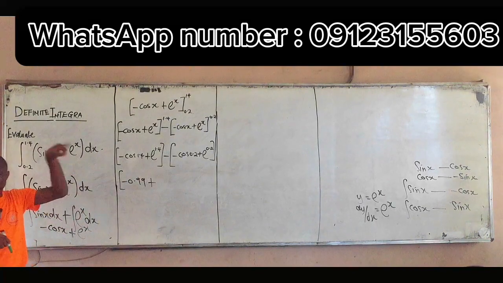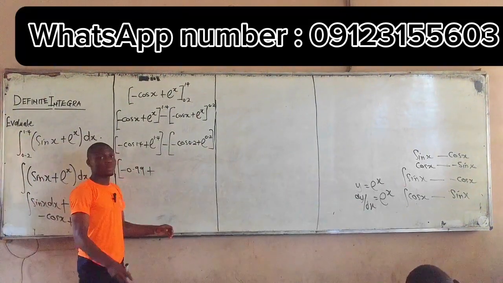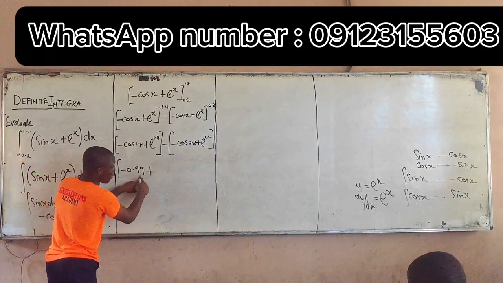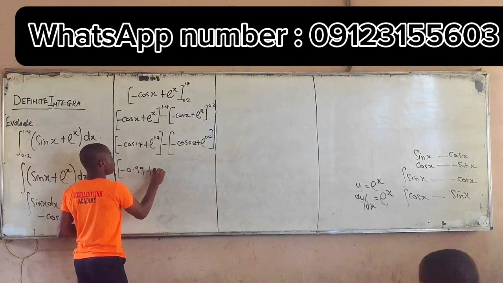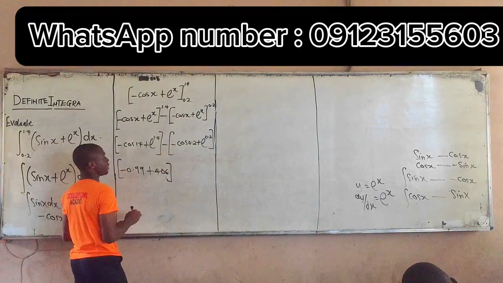So cos 1.4 gives 0.199, plus exponential 1.4 is 4.006, right? I'm done with this.